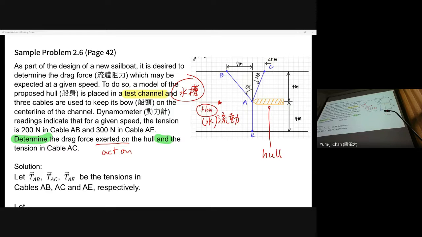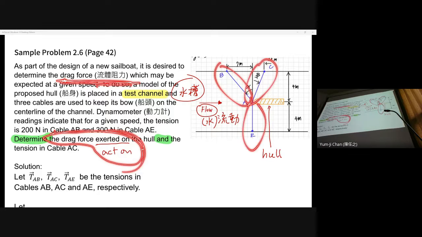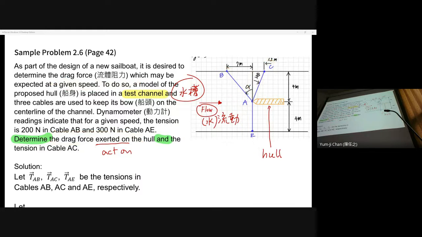In this problem, remember that actually the question gives you some hints. It also asks you to determine the drag force. The drag force is this one. So there is a force on top of these 3 forces, this one. Okay. So in this problem we have 4 forces.